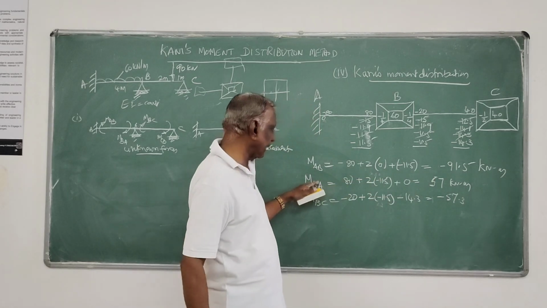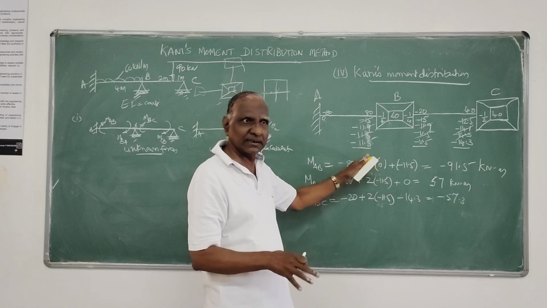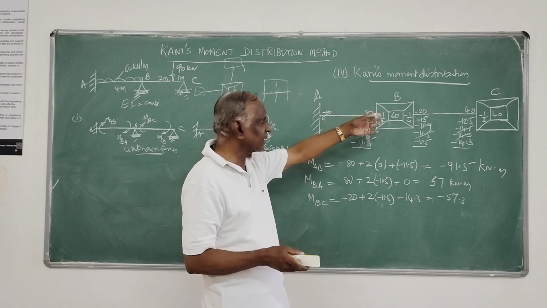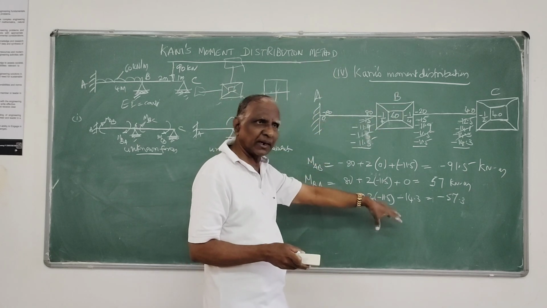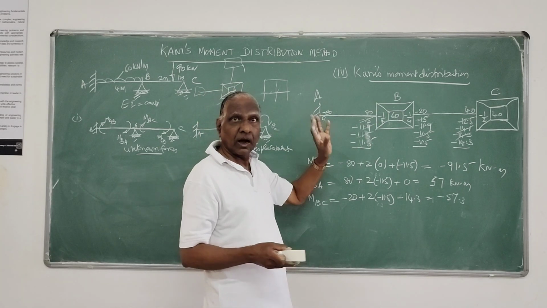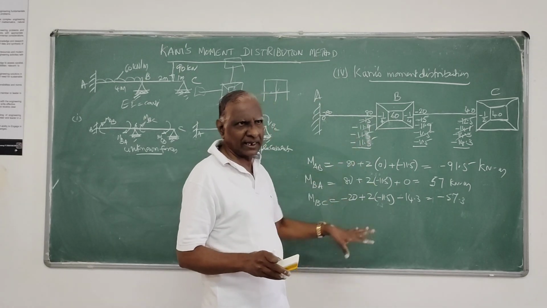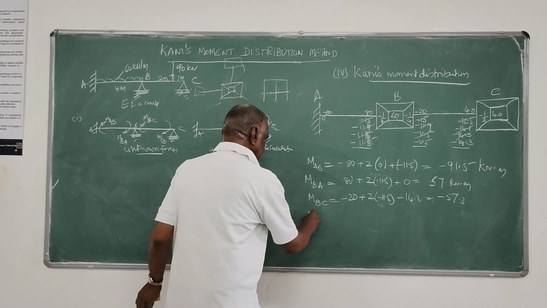Otherwise, this MBA plus MBC has to be 0. That equilibrium condition has to be satisfied. So compatibility we have satisfied because the same displacement we are taking, total joint displacement. Equilibrium condition and boundary conditions we are also satisfying. All these 3 conditions you have to satisfy during your analysis, along with the force displacement relationship.